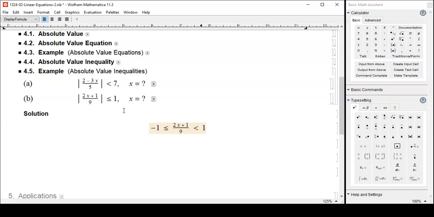So here we have 1, so negative 1, positive 1. Semi-inequality, so it has to stay a semi-inequality, both cases.